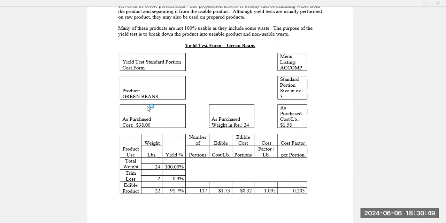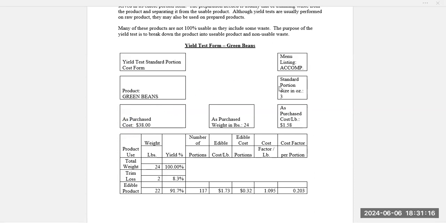I paid $38 for it. How many pounds did I buy? 24, sir. Excellent. So my as purchased cost is how much money we pay for it, $38. My as purchased weight is how much of the green beans I purchased. I purchased 24 pounds.